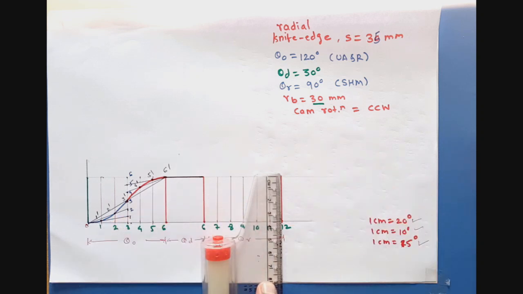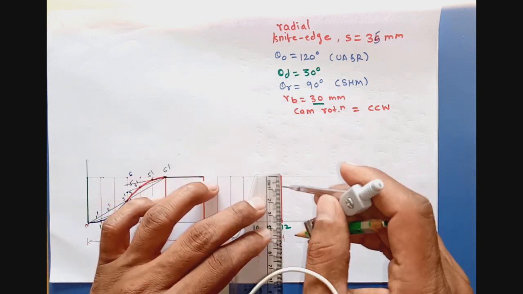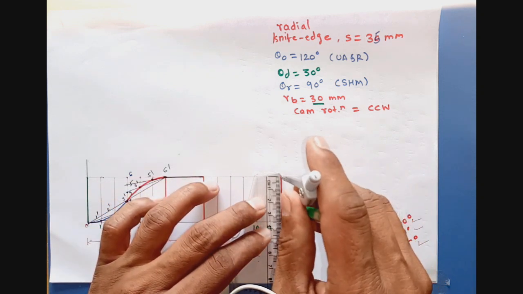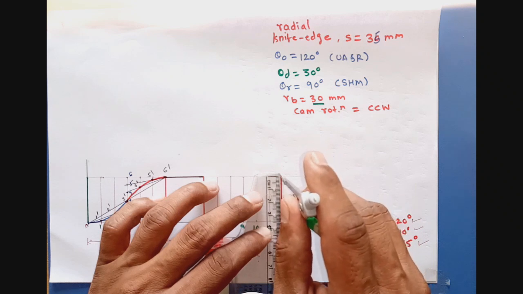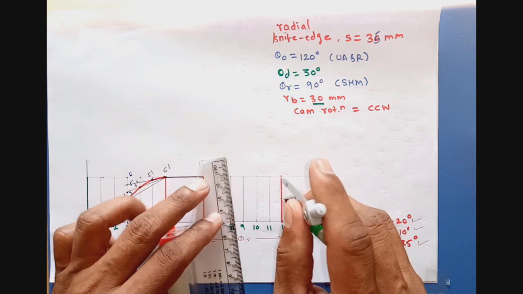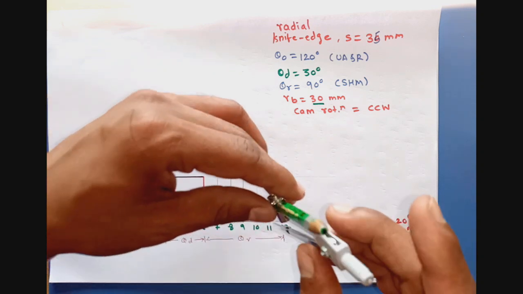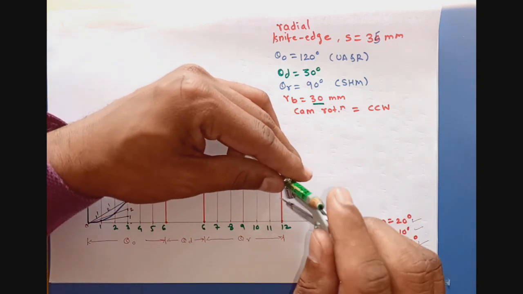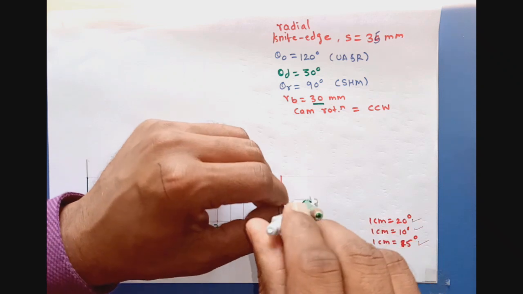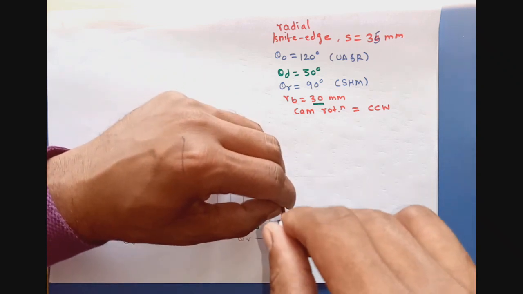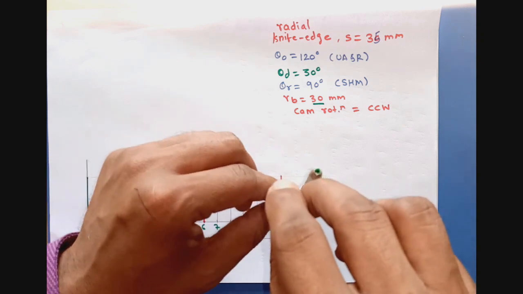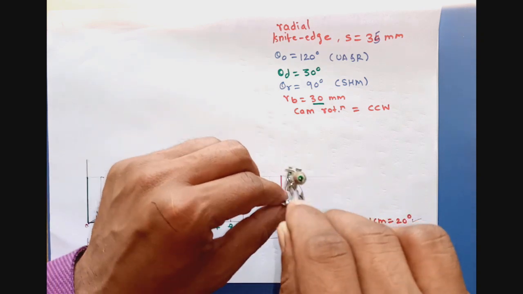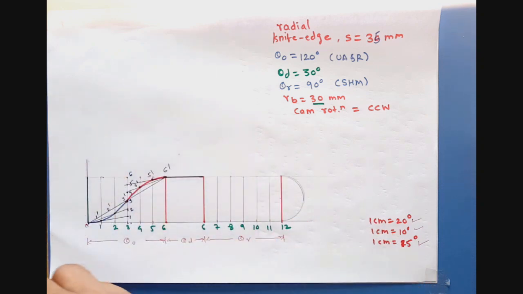So stroke is 35 millimeters. So radius will be 17.5. So this is the center point. We'll draw the semi-harmonic circle using a rounder with the stroke length as the diameter.